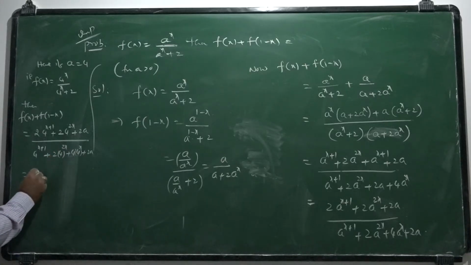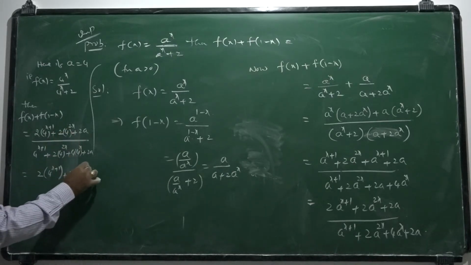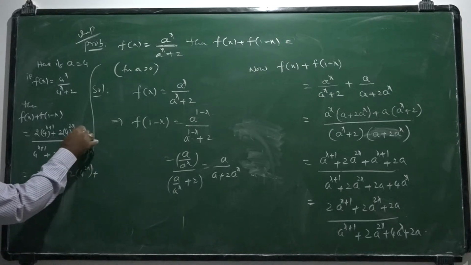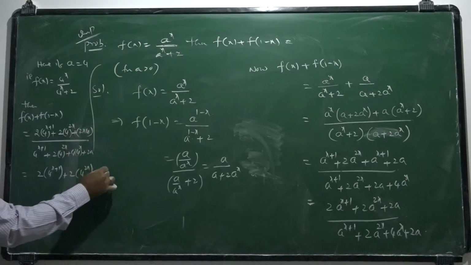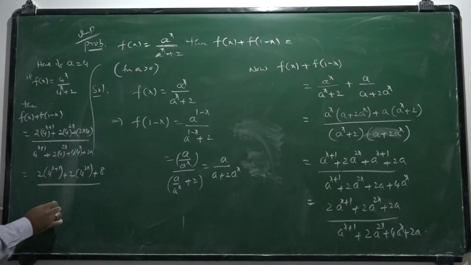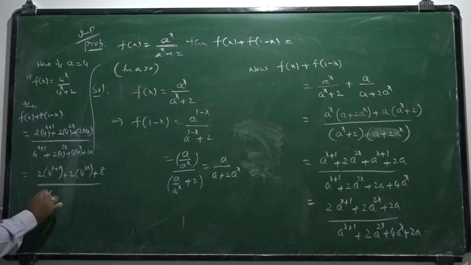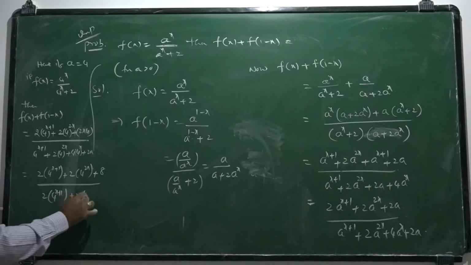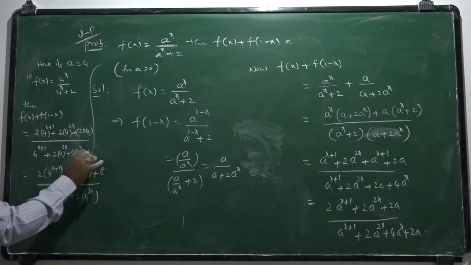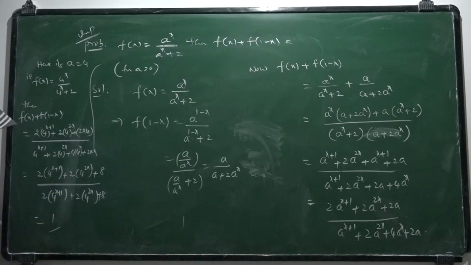Once 4 into 4^x is 4^(x+1), and 4 into 2 is 8, adding these two we get twice the top, 4^(x+1) + 2·4^(2x) and 2a, which means this is also 8. These two are equal.